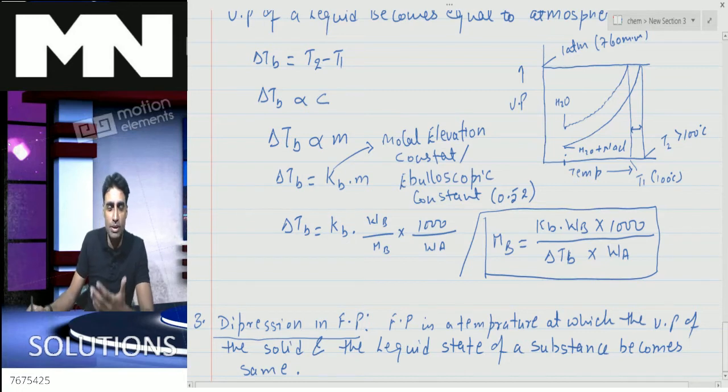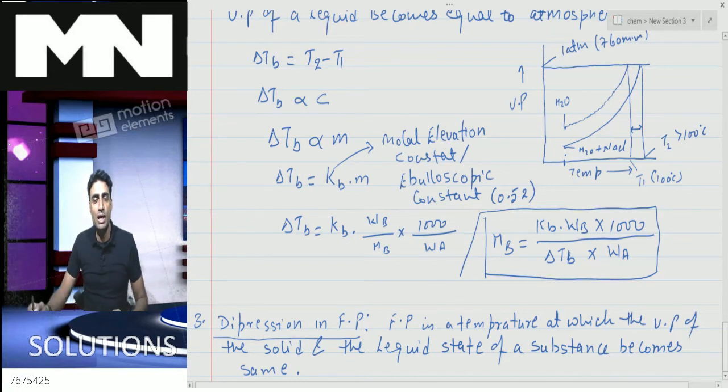That is, if I take an example of water, at 0 degree, the vapor pressure of water and ice is same. So that is the freezing point of water.